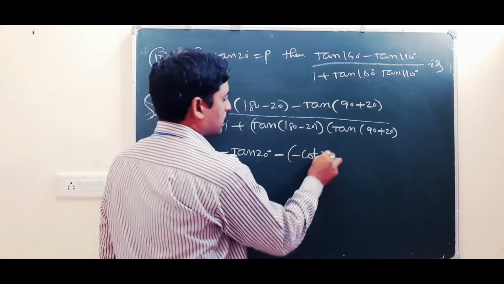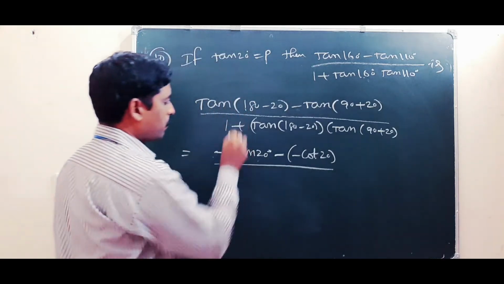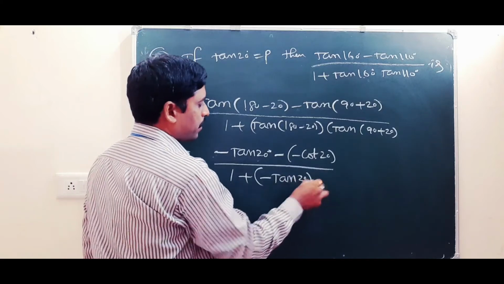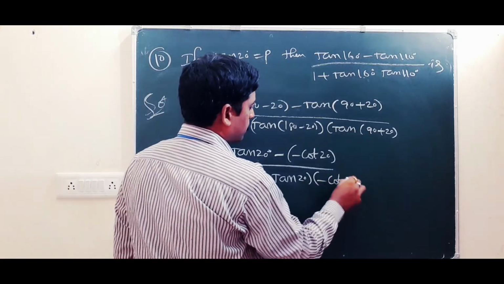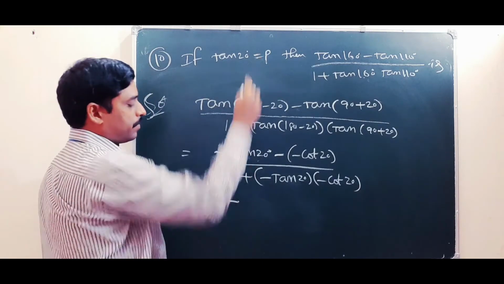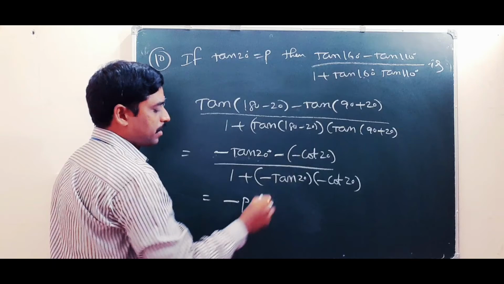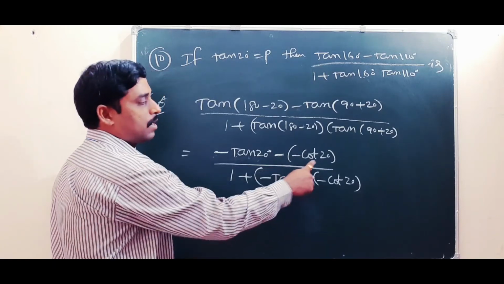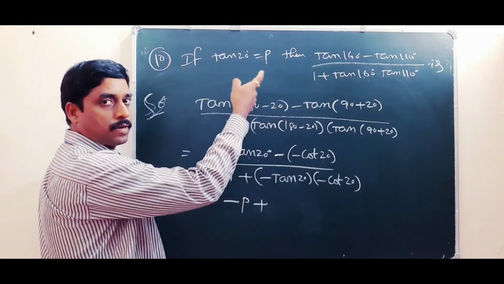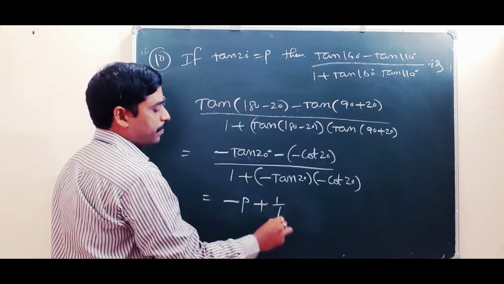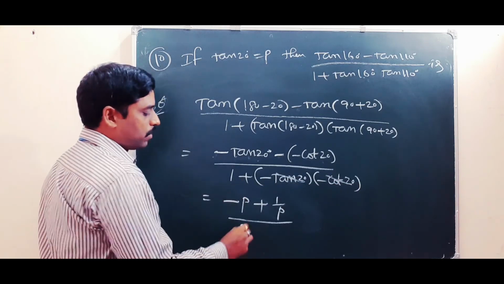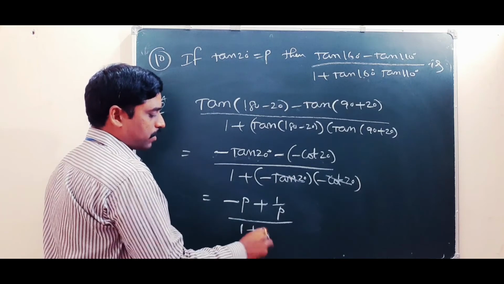Minus cot theta, so minus cot 20, upon 1 plus, the same, tan 180 minus theta is minus tan 20, into this value minus cot 20. So minus tan 20, value given P. So this is minus P, minus into minus plus P, plus cot 20 value, reciprocal of tan, so 1 by P. This whole divided by, tan 20, cot 20 get cancelled, 1, minus into minus plus 1.